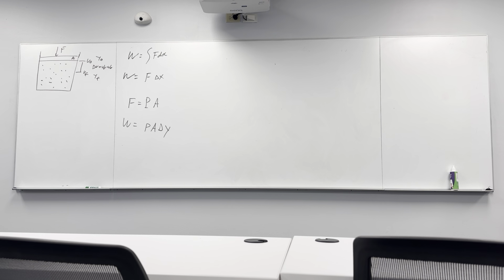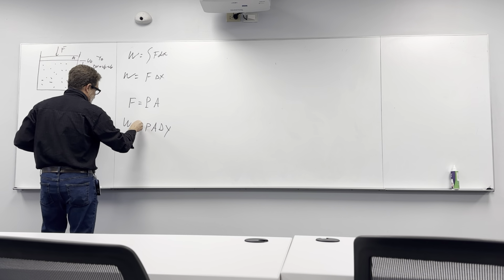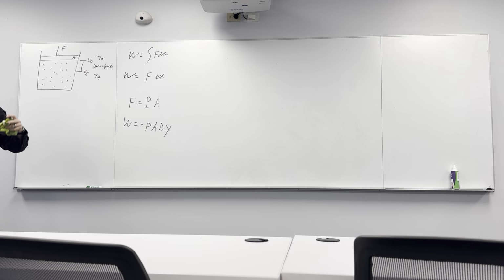Now we have to think about the sign of delta Y. Y final minus Y initial, what's that going to be in this case? It's going to be negative. But I'm doing work on the gas, so I actually have to put another negative, because I'm putting work in. So I need a minus in this case because I'm compressing the gas.